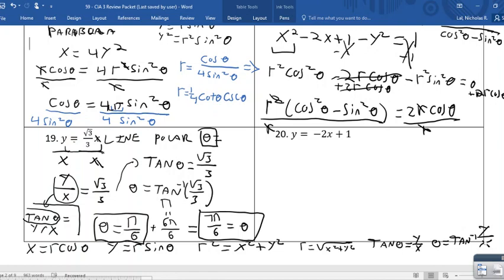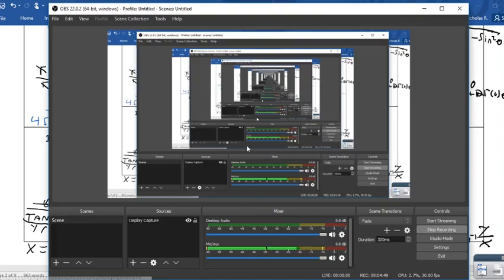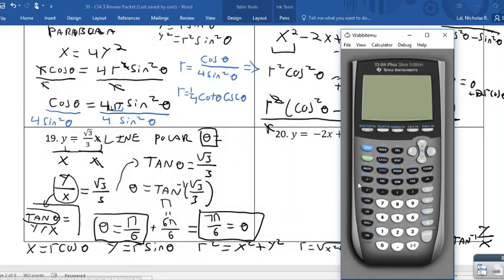If you don't have your unit circle memorized for whatever reason, you can find the inverse tangent of root 3 over 3 in radian mode, because we are dealing with radians.